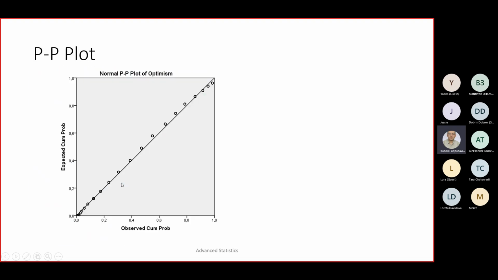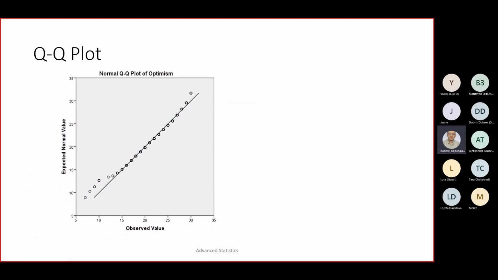The PP plot shows that both distributions are close; there are no points far from the line.